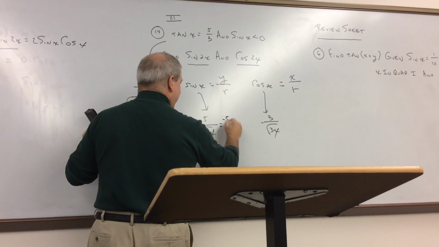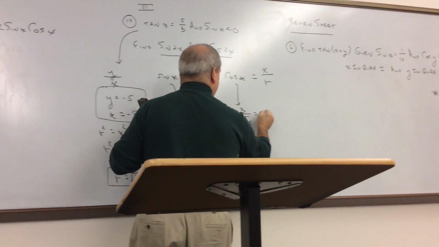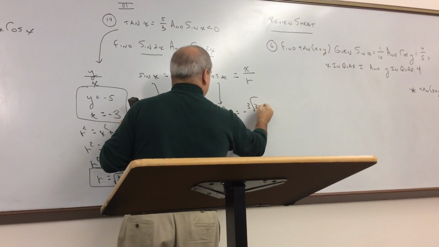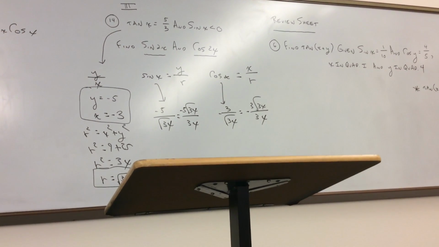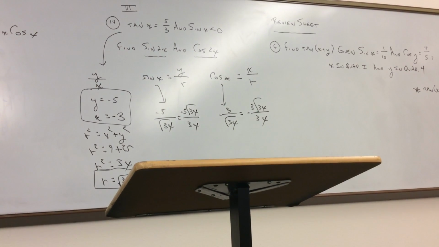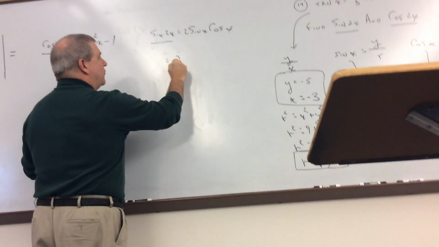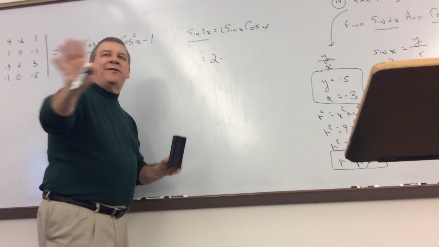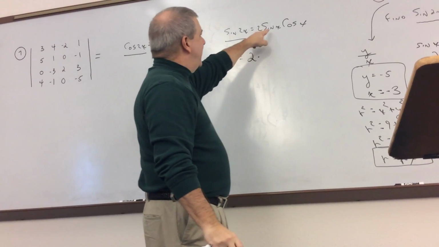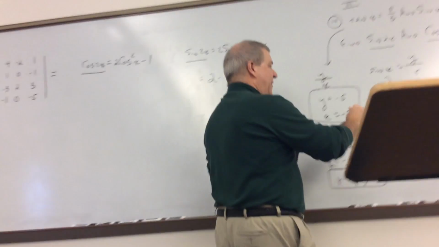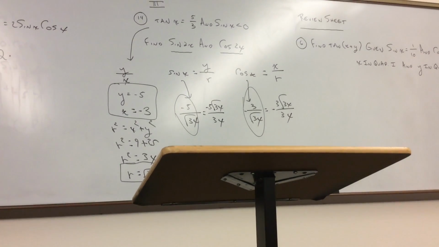Here, let me just write that. Here's that one. And here's this one. So what's the only thing left to do now to answer the two things? That's all your work. Plug them in, right? 2 times, now do you remember what I showed you yesterday? I'm giving you the best way to do the problem. It's going to be 2 times that times that. Again, wouldn't it be better just to use those two forms?